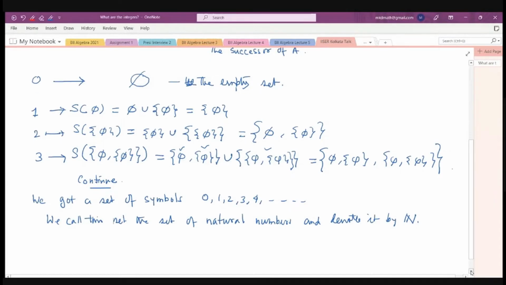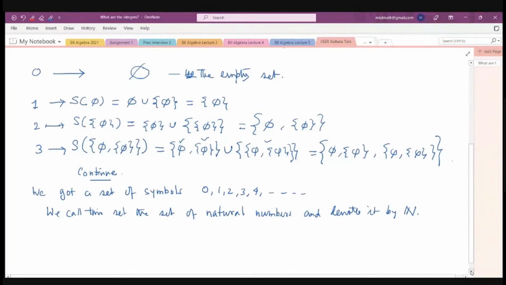Actually, this construction works without 0 as well, meaning you can make the definition starting from 1. But afterwards, it will be clear why I am taking 0. So for me, natural numbers start from 0.